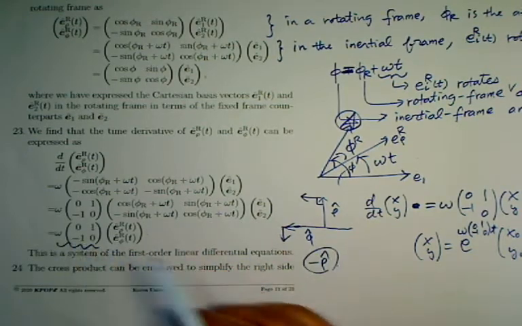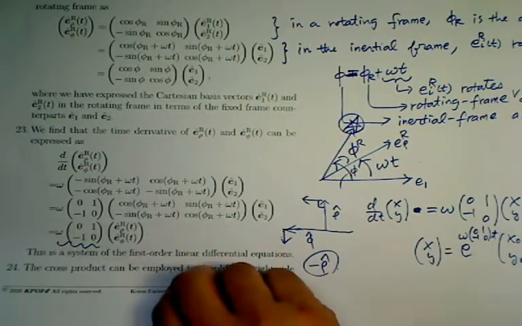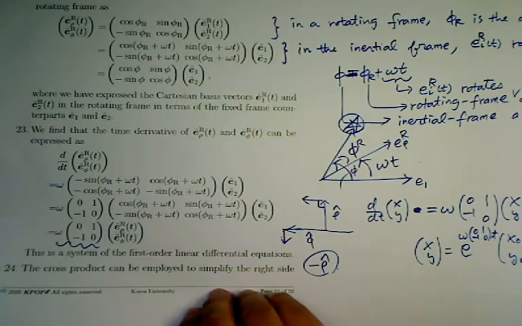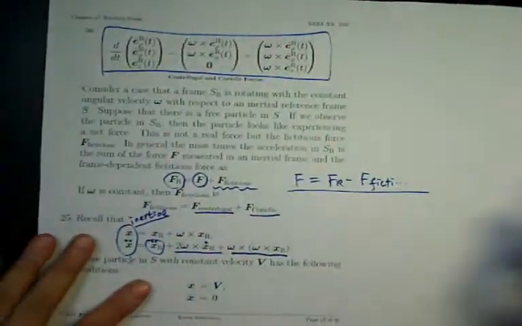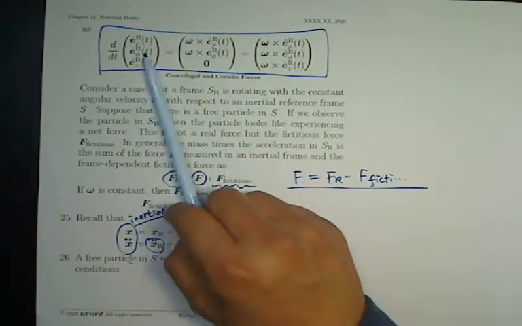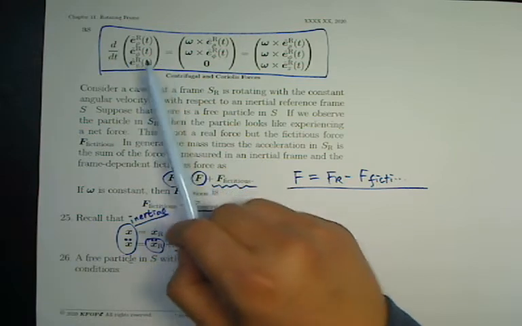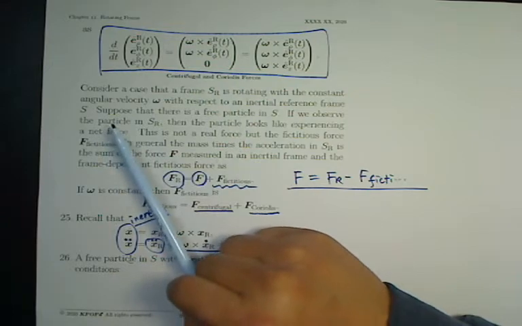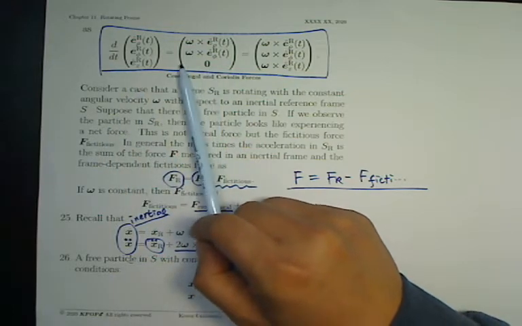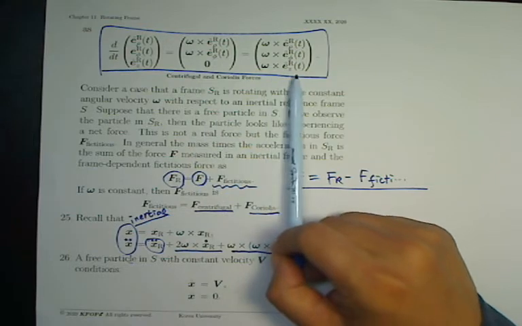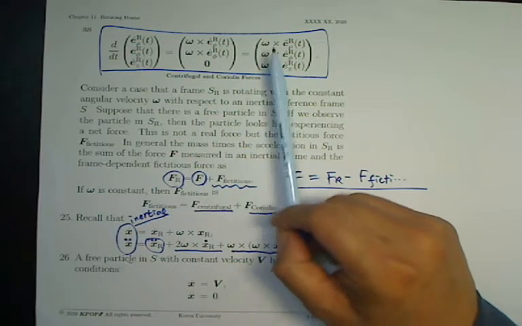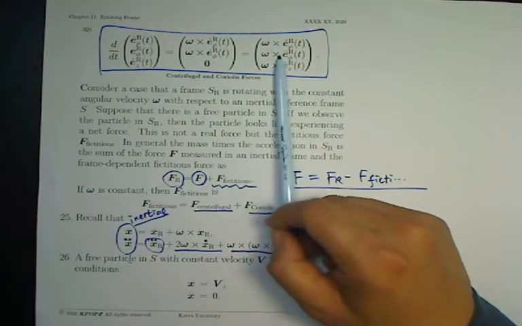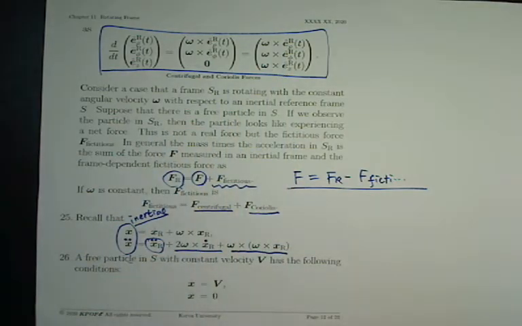So this minus sign appears, and that can be summarized in this form. The time derivative of the rotating axis is just omega cross that rotating axis. The Z-axis is parallel to the axis of rotation, so I can also put this one. So this is consistent with our derivation of the Rodrigues formula for finite rotation.